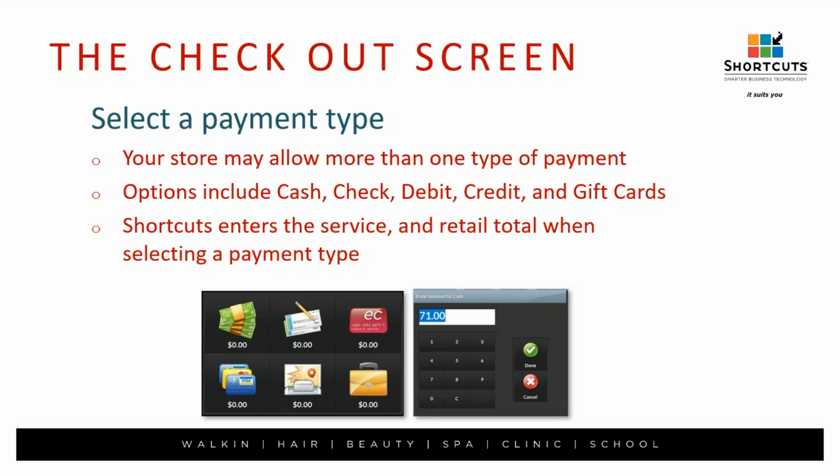And the last one, the little briefcase, is account, if you're allowing customers to put money that they owe you on account or to pay with money that they had deposited to their account. So those are the 6 potential payment types you have. Again, your business may only have 2 or 3 of these enabled, and that's because of a preference that you've set.